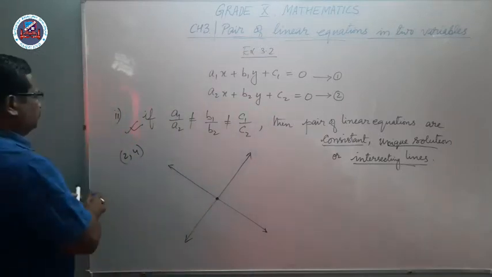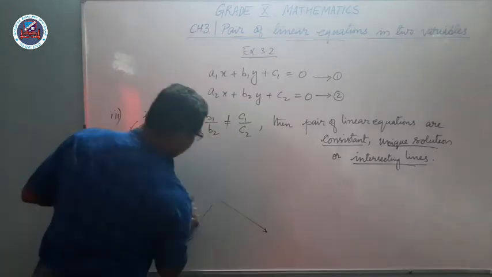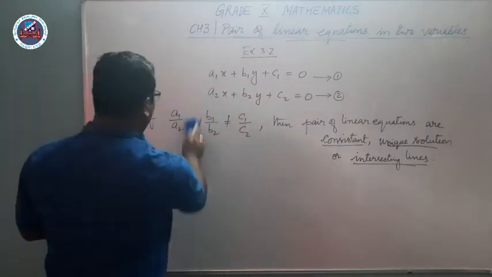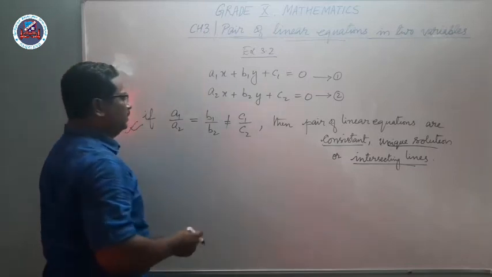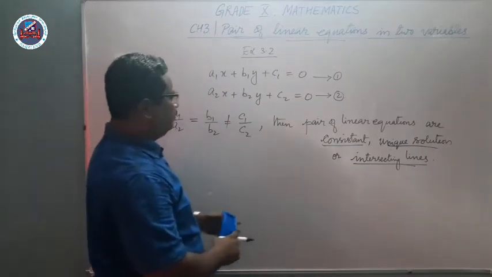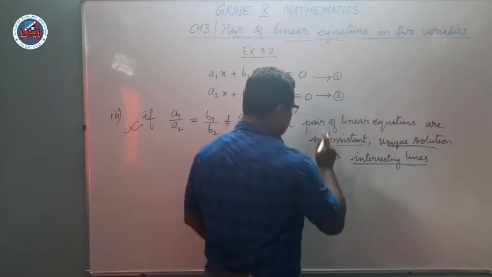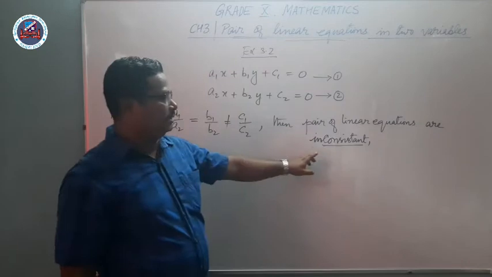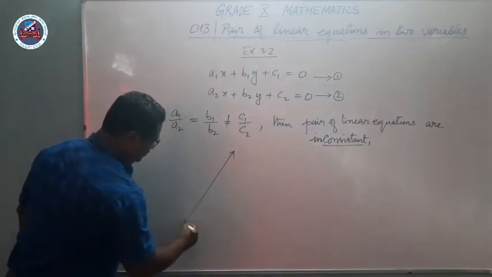Then the third one, let us see if a1 by a2 is equal to b1 by b2, but it is not equal to c1 by c2. Then the pair of linear equations are inconsistent. Look here carefully. Inconsistent means they do not have any answer. This is the third case.